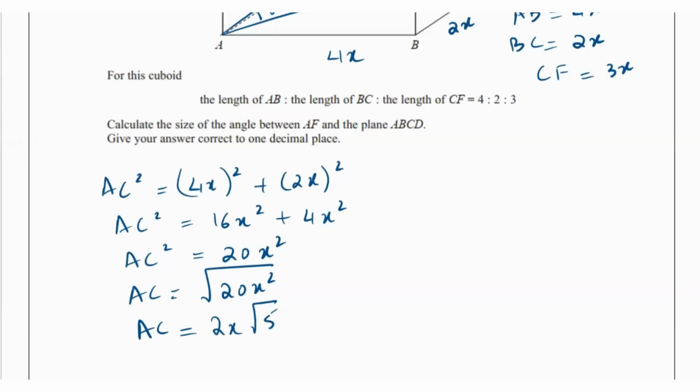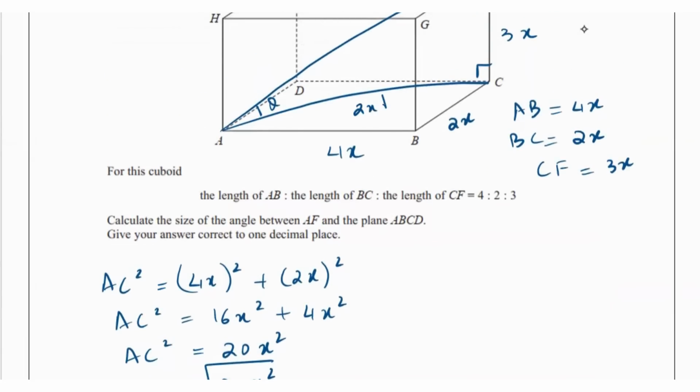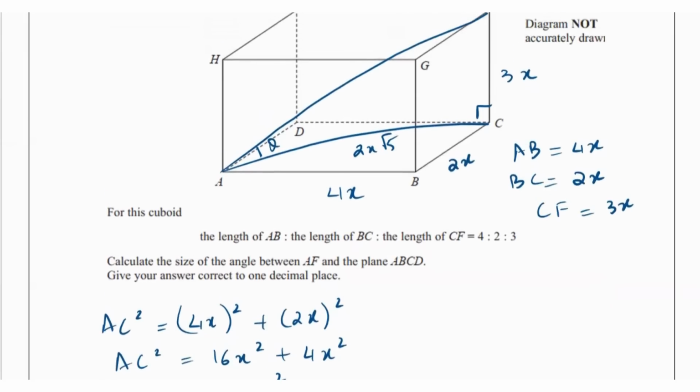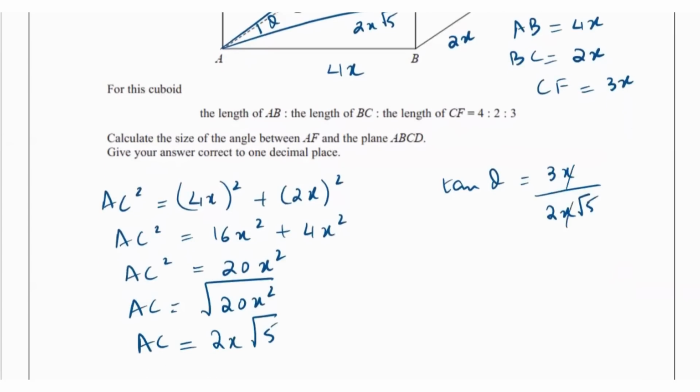Then with 2x root 5, you have to find the angle. So we have opposite, which is 3x, adjacent is 2x root 5. So tan theta equals opposite over adjacent. The x gets cancelled out.